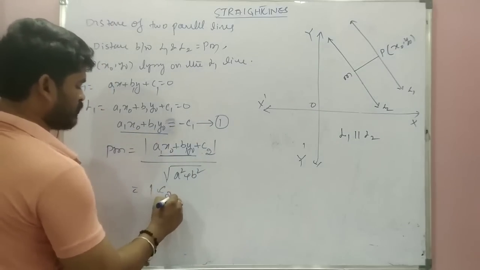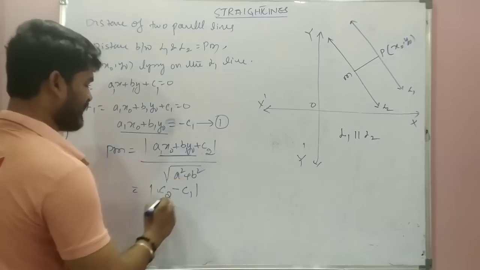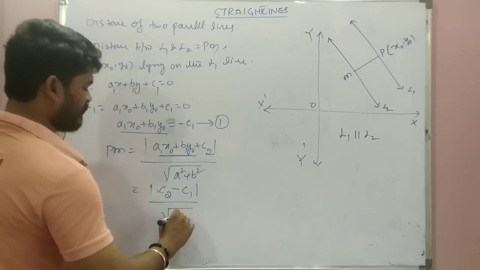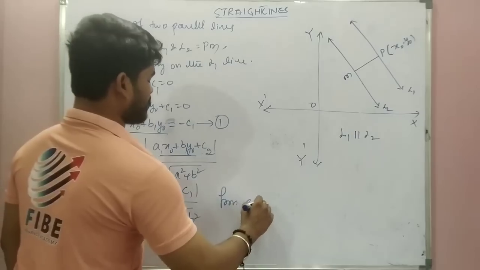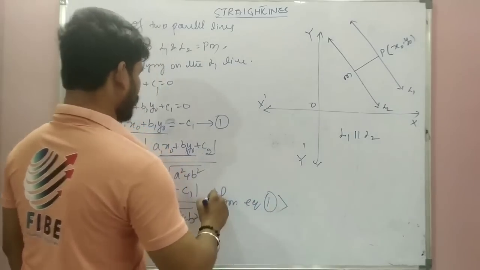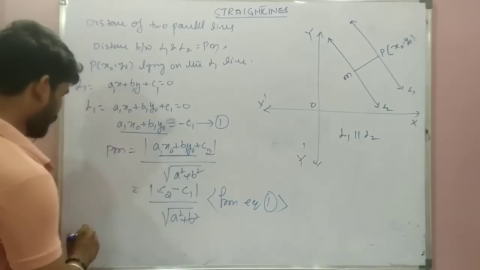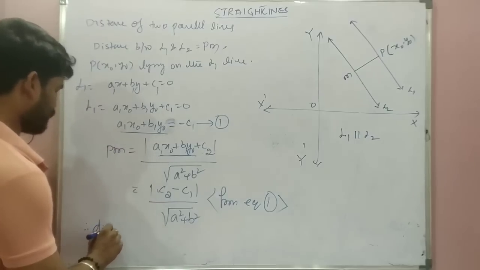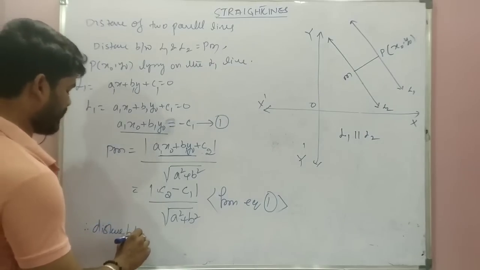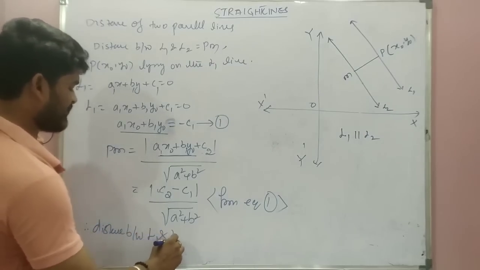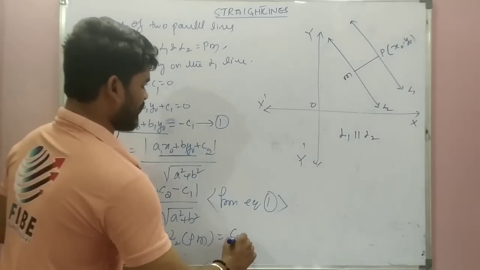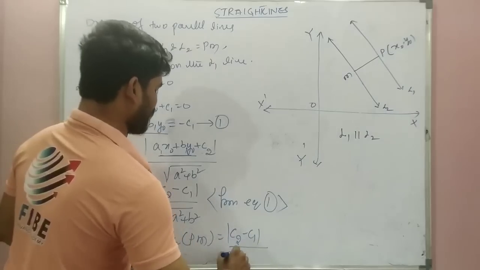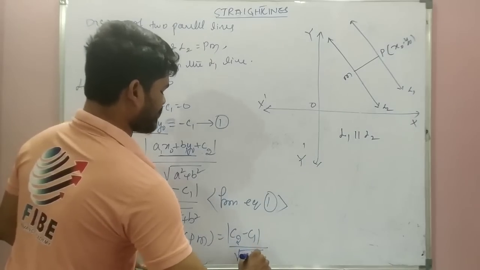Therefore c2 minus c1, divided by root of a square plus b square. Therefore, the distance between L1 and L2, PM, equals c2 minus c1 divided by root of a square plus b square.